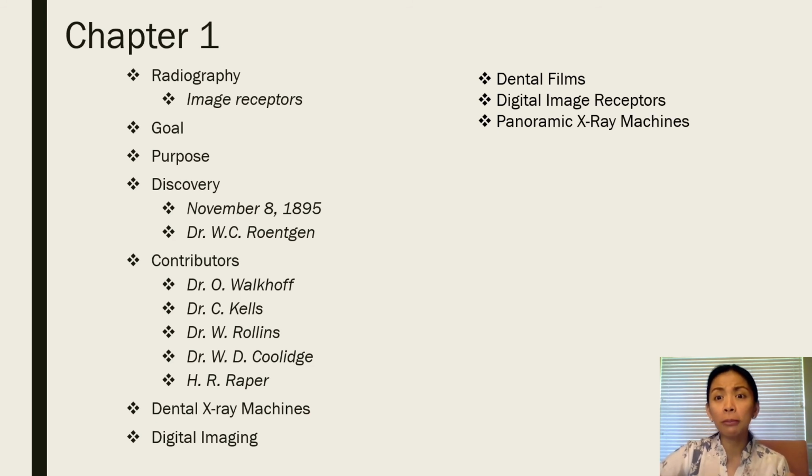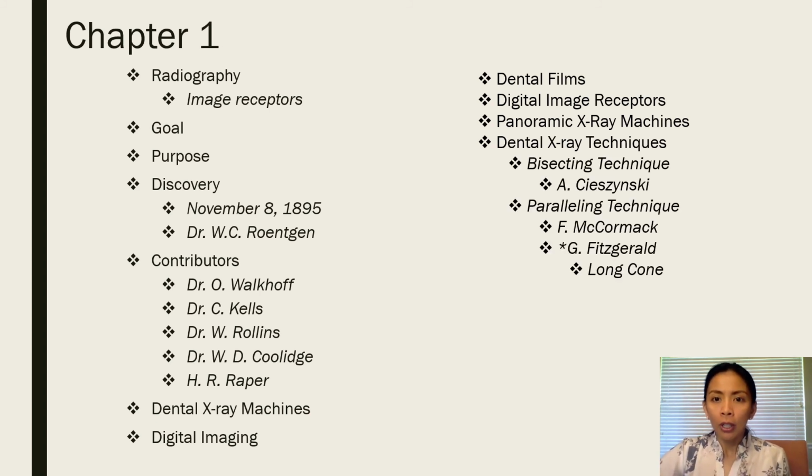We also talked about the image receptors, that digital image receptors require less radiation, so the patient is not getting as much radiation as compared to what we were using before to create a radiograph. Then panoramic X-ray machines, we discussed that it was introduced in 1948, but it did not get popular until the 1960s. We also talked about the dental X-ray techniques.